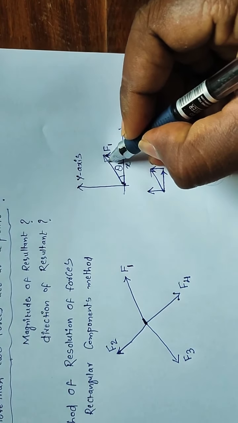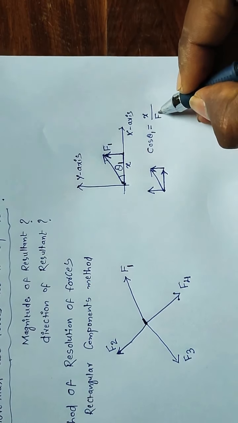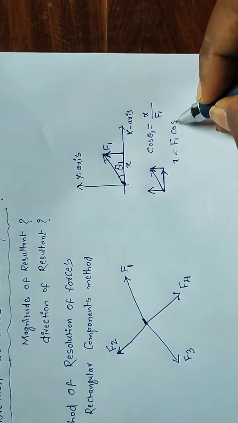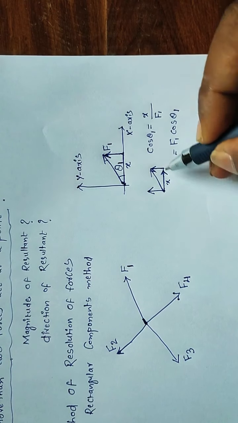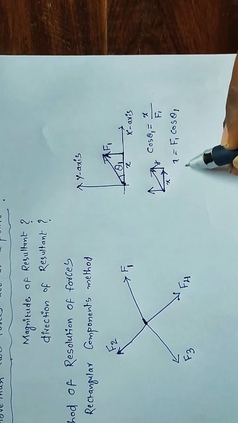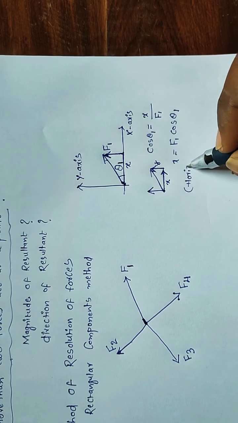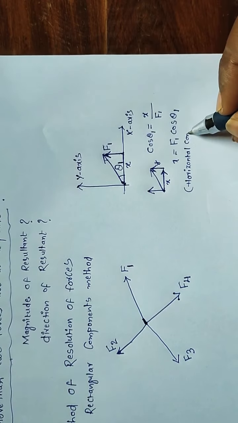Hypotenuse is this one, so this is force F1. So x equals F1 cos theta 1. This is x and this is y. Here x is the horizontal component, that means F1 cos theta 1.